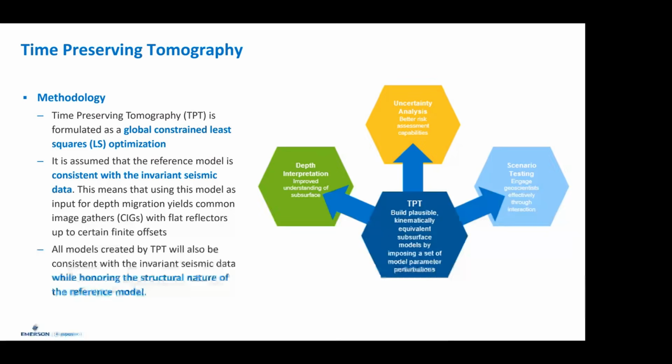The assumption that we're making is that the initial model already does a good job of capturing certain aspects of the seismic dataset. What we mean by that is that we have a first velocity model, we have computed a first PSDM, and we of course have output some pre-stack gathers as well.